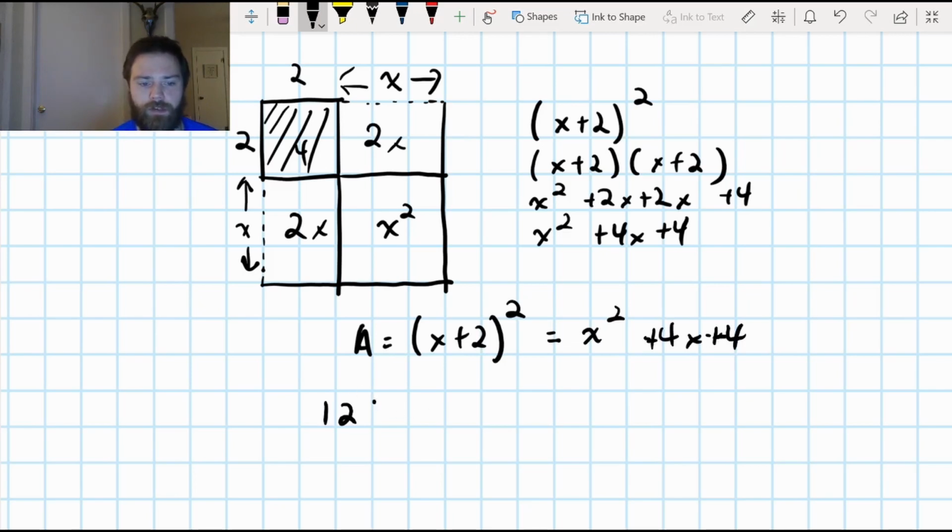All I have to do is take 12A. So I'm going to call this area total. Area total is equal to 12 times this, which is the same as 12 times this, which is the same as 12 times this. So I'm just going to write 12 times X plus 2 quantity squared.